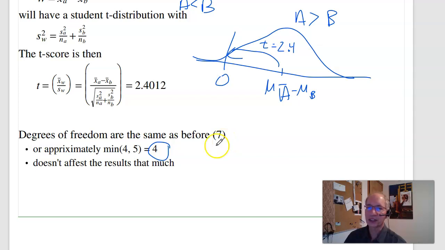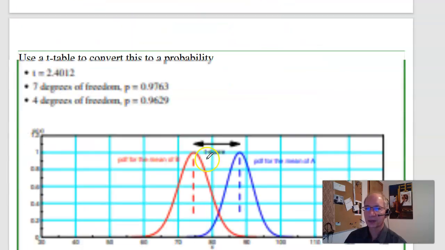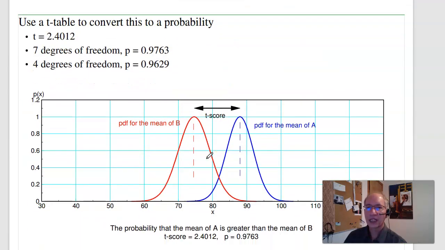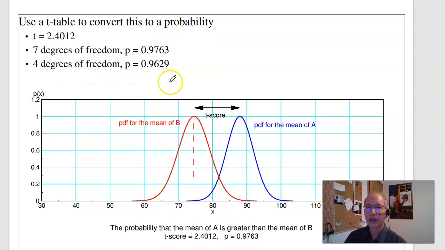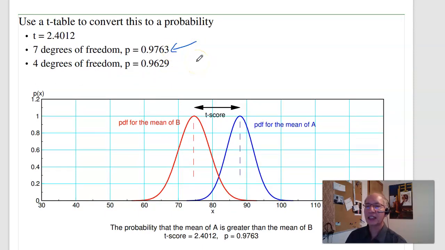The results aren't all that different. If I do that, with 7 degrees of freedom, I get 0.97. 4 degrees of freedom, 0.96. Yeah, about the same. Meaning that there's a 97% chance that A is the better Hungry Hungry Hippo player. If they play an infinite number of games, A will win the series, eventually.